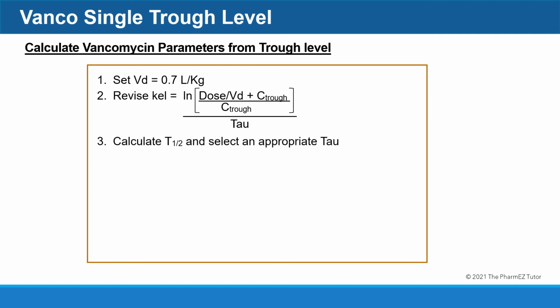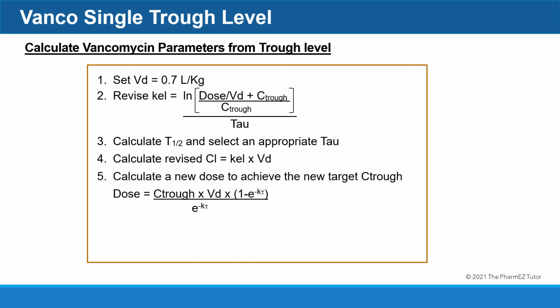We calculate the half-life and select an appropriate dosing interval, and then we calculate a revised clearance, KEL times the VD. We then calculate a new dose to achieve the new target trough of 12 to 15, and we insert that value into the C trough in the following equation. We then recheck the new C peak and trough level to make sure that they are therapeutic.